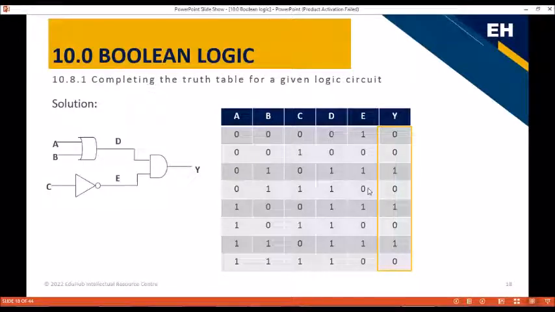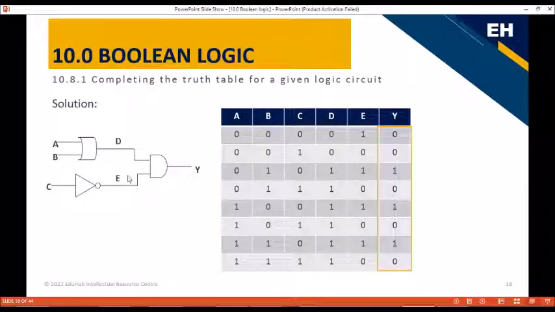C is 1, E is 0. C is 0, E is 1. C is 1, E is 0. C is 0, E is 1. C is 1, E is 0. So it's a reverse of whatever we have on C. Then we get E. Now our Y should be D and E.